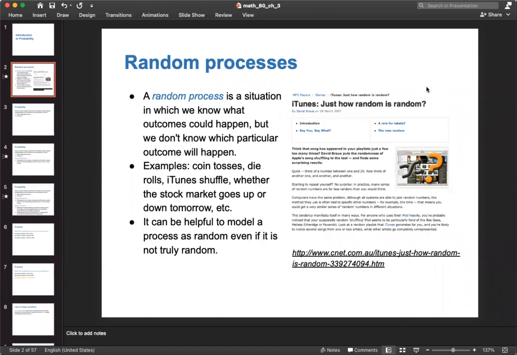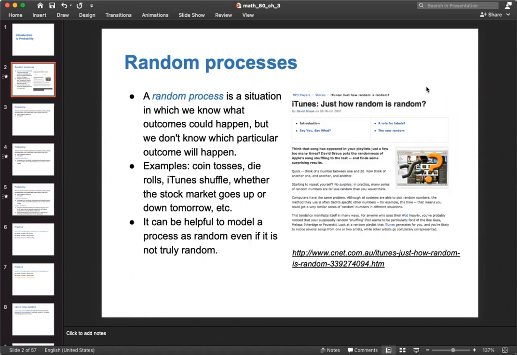For example, if you toss a coin, we know the outcomes are going to be heads or tails, but at a given toss, we don't know the exact outcome, right? On toss 1 versus toss 2 or toss 3, we don't know if it's going to be heads or tails. We just know that it can be heads or tails, but we don't know exactly which one it's going to be. That's an example of a random process.